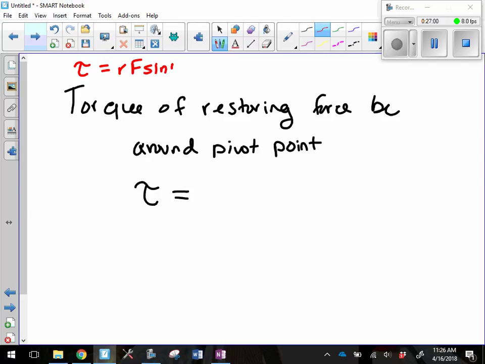R F sine phi? Okay. So what's my R going to be? L. What's my force going to be?